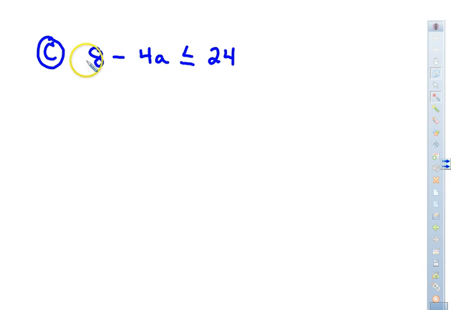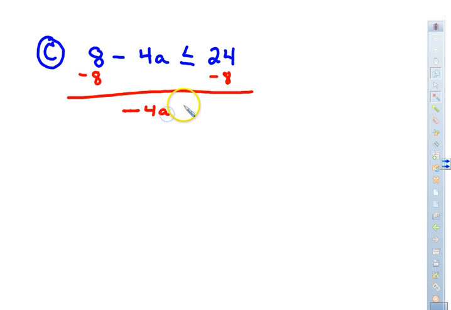Okay, so let's look at this. And again, we have a positive 8 here, so we're going to add a negative 8 to both sides. So then we get negative 4a is less than or equal to, and then 24 minus 8 is going to give me 16.